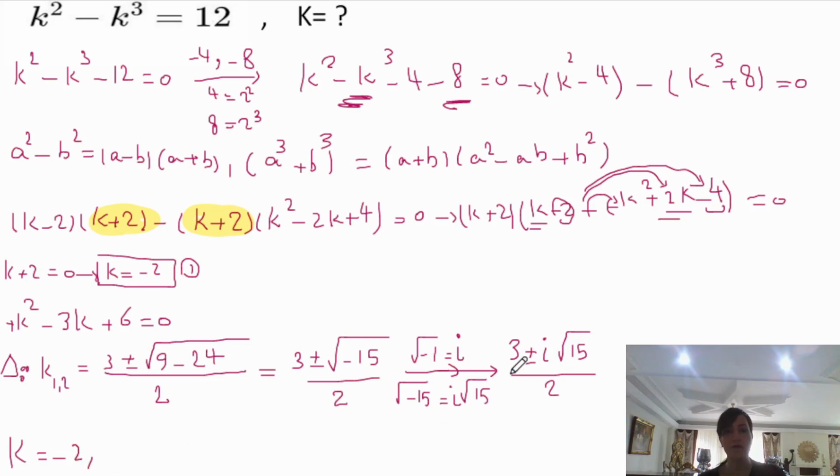And two of them are complex numbers. One of them is 3 plus i square root of 15 divided by 2. And the third one is 3 minus i square root of 15 divided by 2.